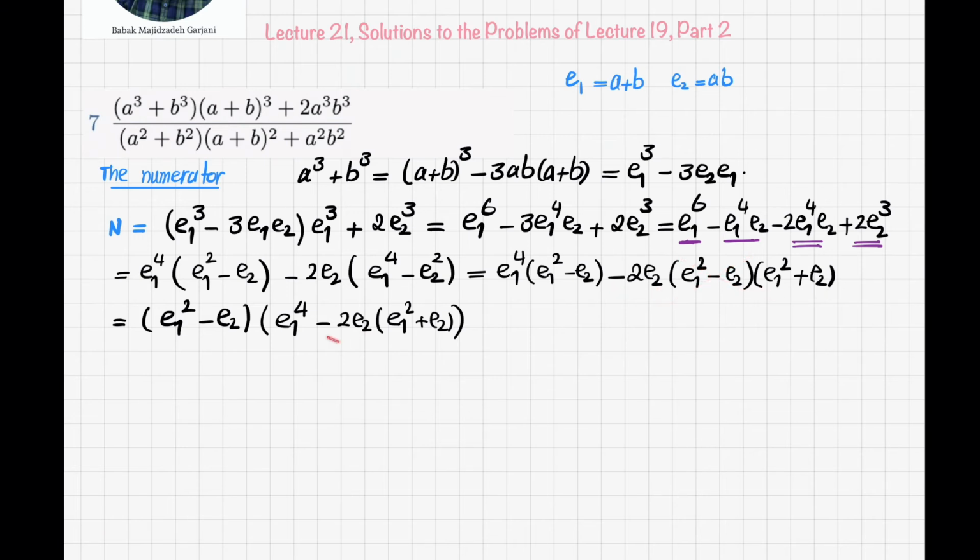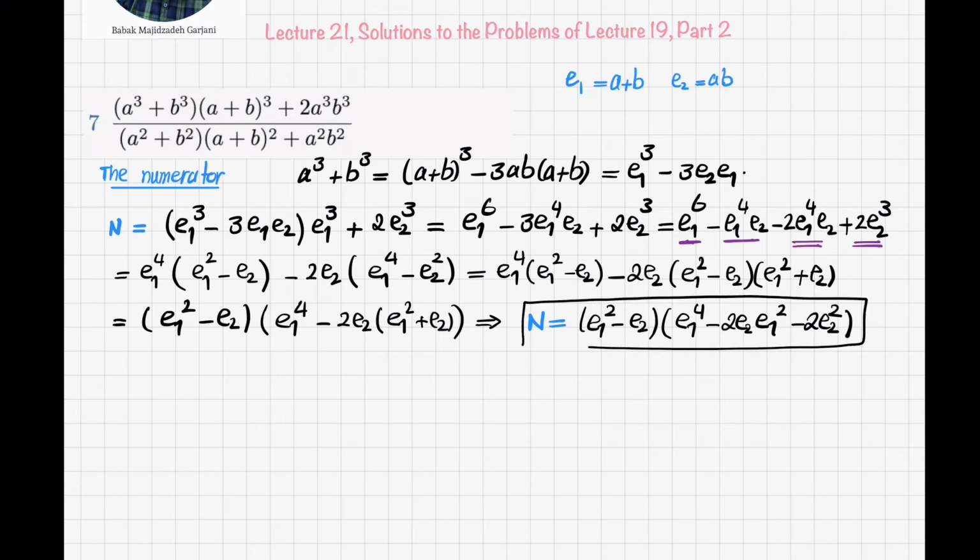But I can multiply this inside, so my numerator is equal to (e1^2 minus e2) times (e1^4 minus 2 e2 e1^2 minus 2 e2^2). Yes, so I can put this in a box for future reference.